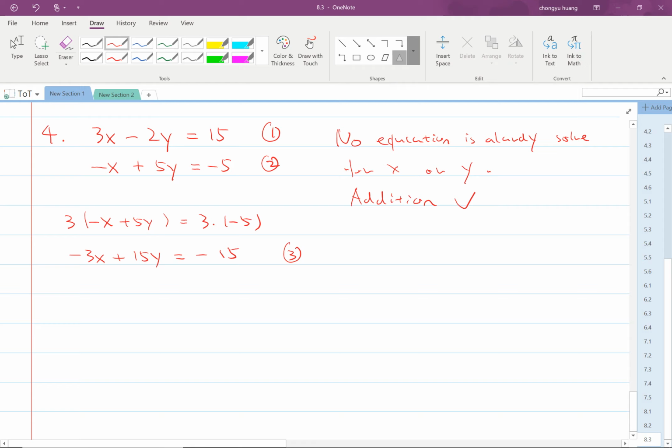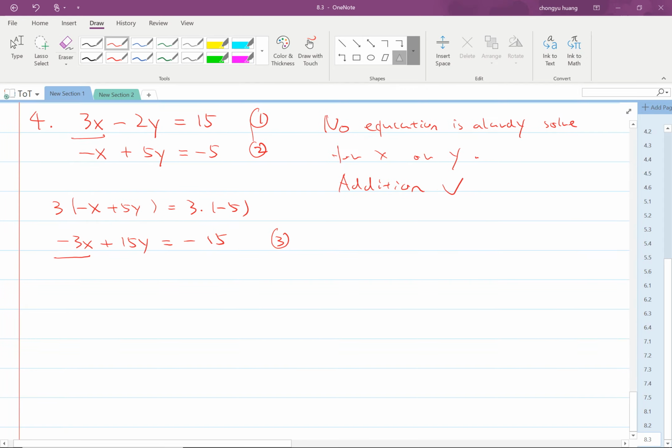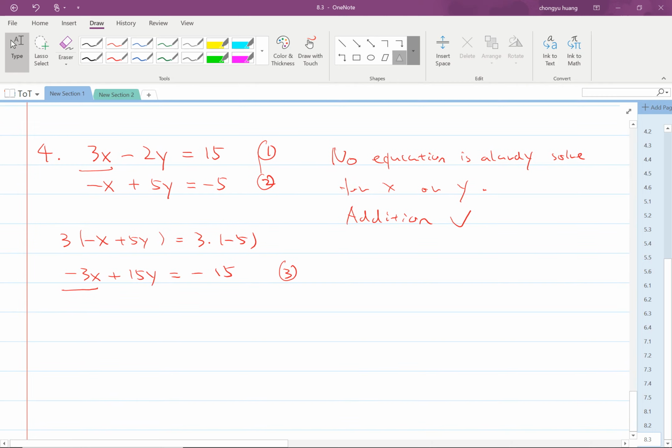Now you can see that for equation 1 and equation 3, the coefficients of x are opposite. So we basically have to use the addition method.